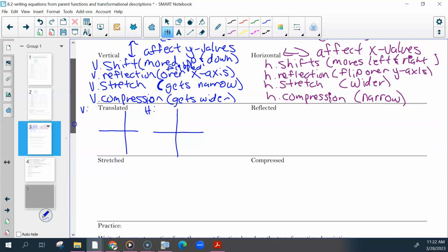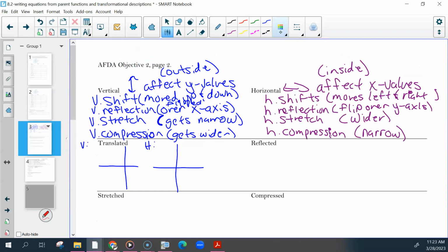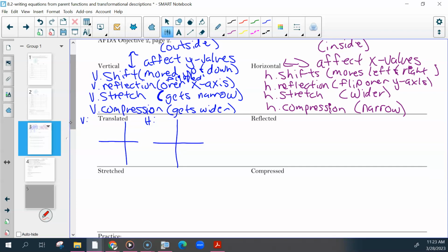So translated is another word for shifts. We used the word shifts last class, but you may also see the word translated. So interchangeable. If we translate or shift it vertically, it either moves up or it moves down. So let's say I'm using the quadratic parent function, our U shape.